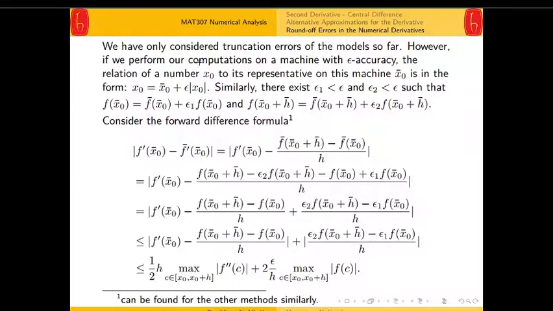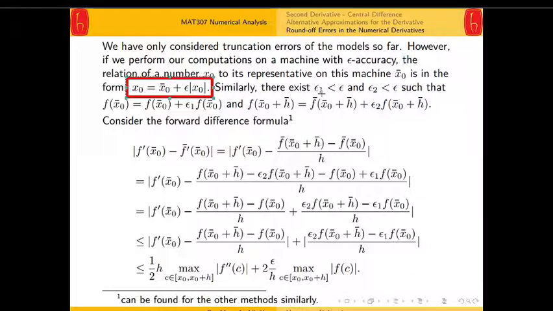So if we perform our computations on a machine with epsilon accuracy, the relation of a number x naught to its representative on the machine, x naught bar, will be in this form. This is from the very beginning of the course. So x naught will be equal to its representation on the machine plus epsilon times the magnitude of x naught.